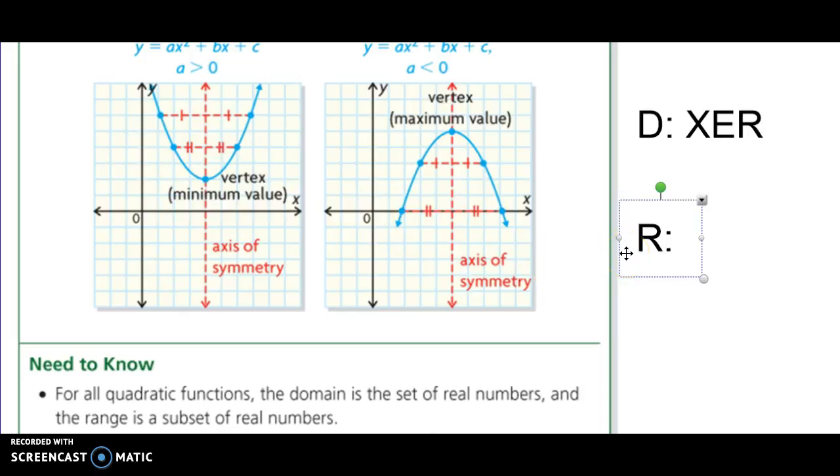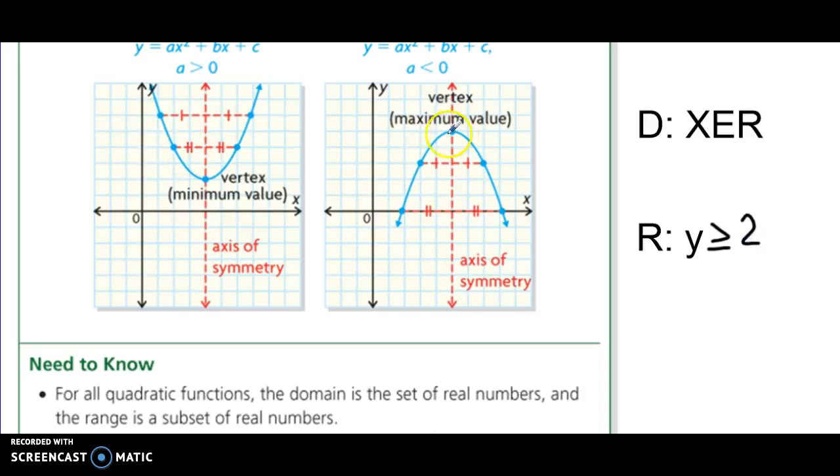So you would actually have to say that your y value is greater than or equal to 2, for the first picture.